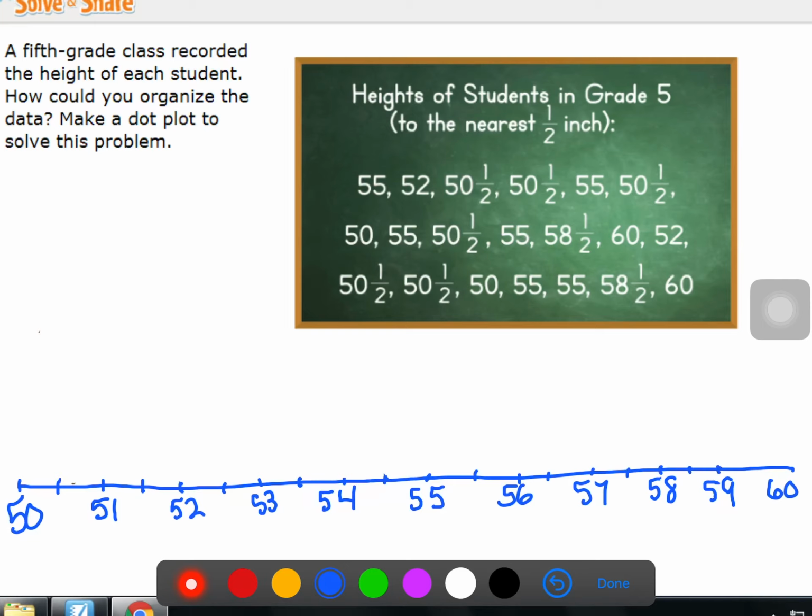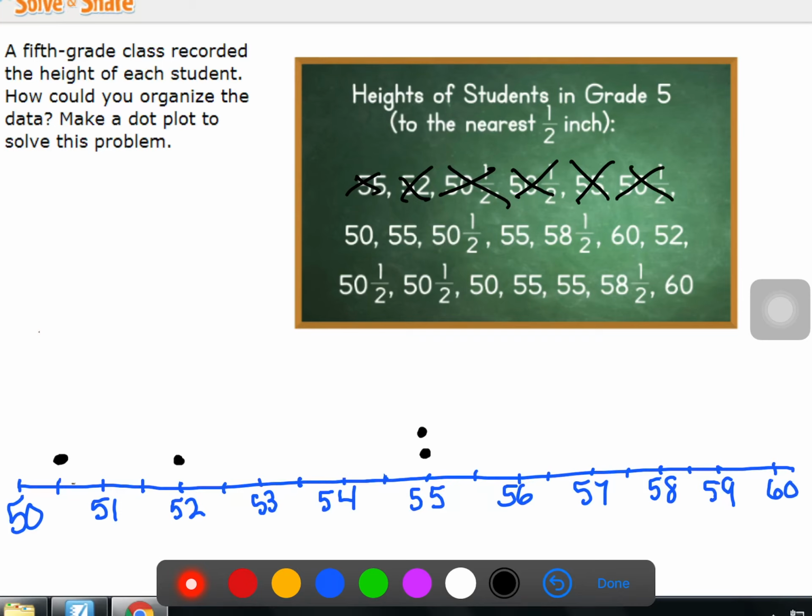Okay, so now I'm going through my dots. The best way to do this would be mark off as I record. 55. I have one of those. 52 marked there. Okay. 50 and 1/2. So here's 50, here's 50 and 1/2. I have another 55.